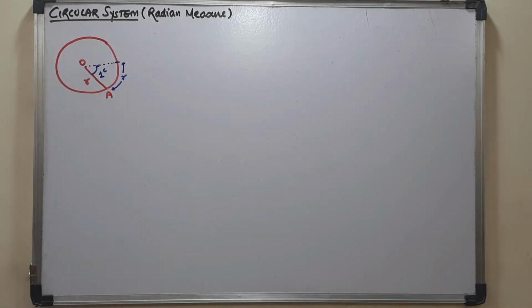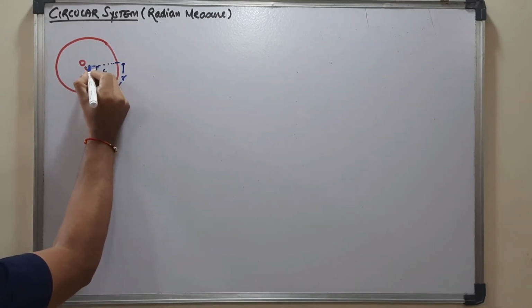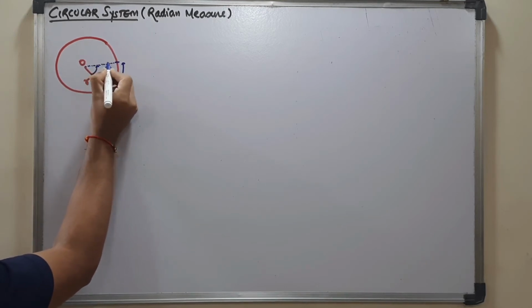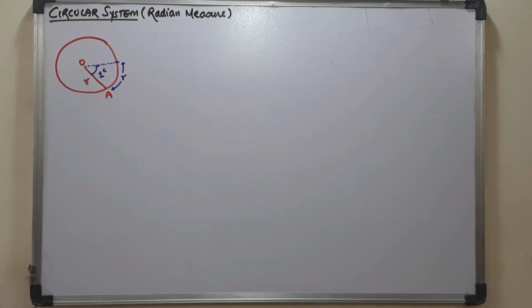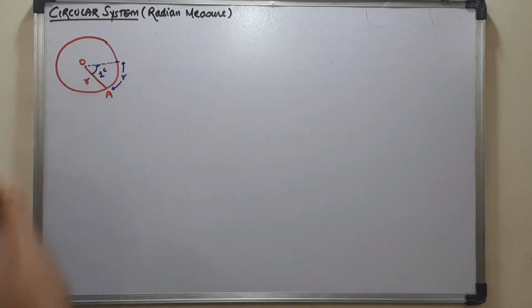So what I said, we took a circle of r units, that is, the radius of that circle is r units. Having taken that circle, I traced an arc whose length is equal to the radius of the circle.